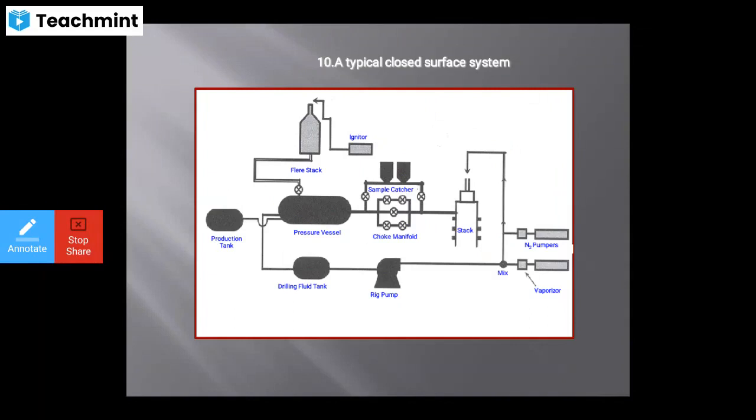Then the drilling fluid tank, then the rig pump, mixing with the nitrogen, and everything is sent to the stack, then the choke manifold for flow regulation, and the sample catcher, then the flare stack, and the igniter. So this closed surface system of onshore drilling is all about the surface system.